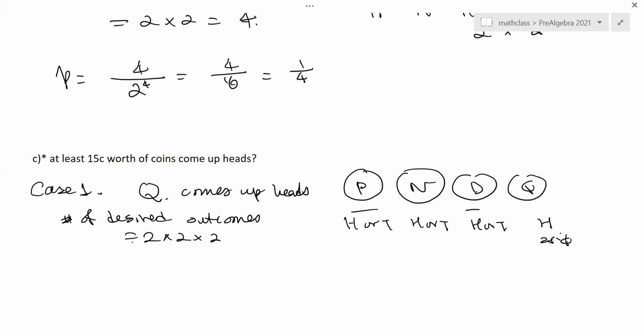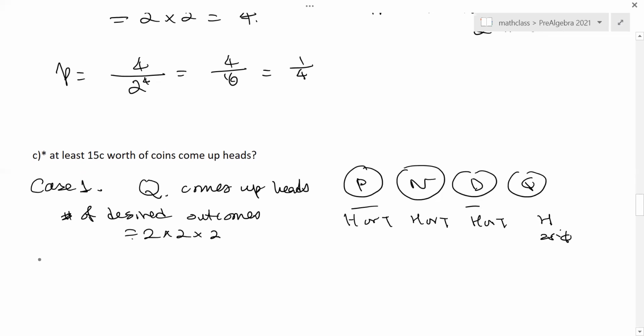So you always guarantee the total value you get is going to be greater than or equal to 25 cents. So that is the first case. Now the case number 2.